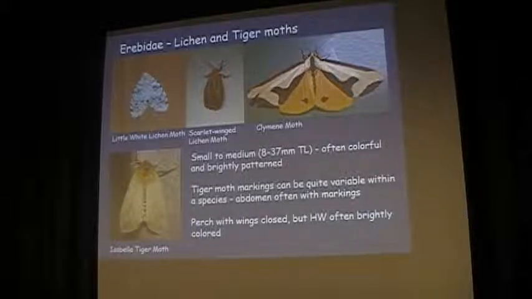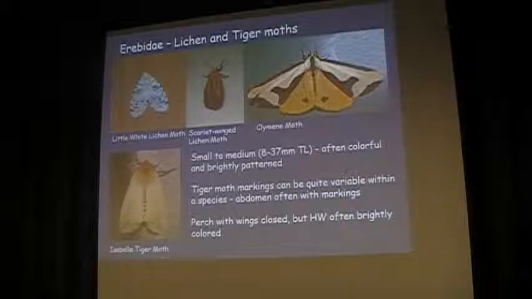Then you have the lichen and tiger moths. This is the woolly bear adult moth. Isabella tiger moth is the adult form of the woolly bear. So it is a tiger moth. Small to medium size, often colorful and brightly patterned like this clymene moth. And the lichen moth, this is a beautiful little bug right here, I think.